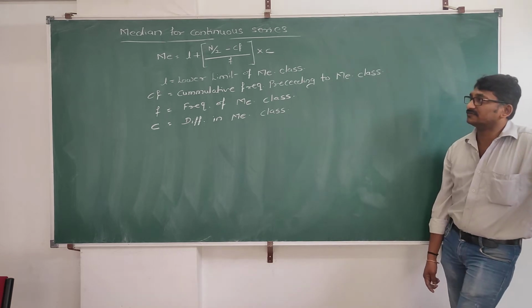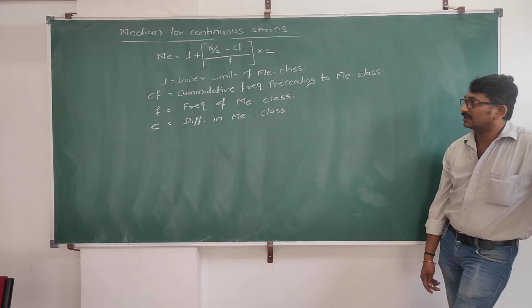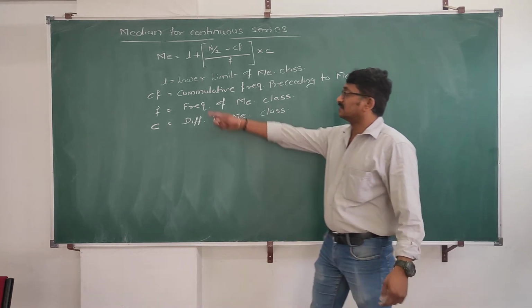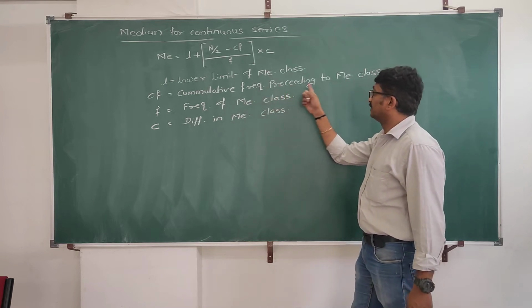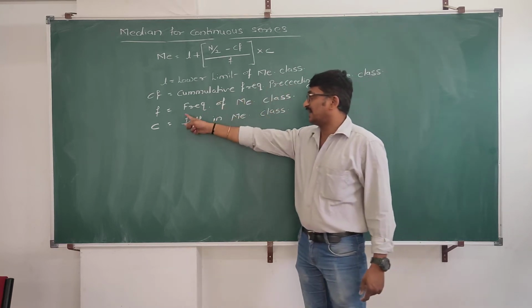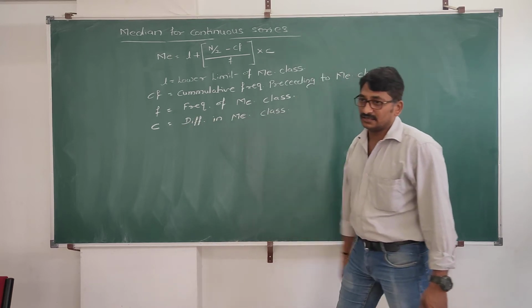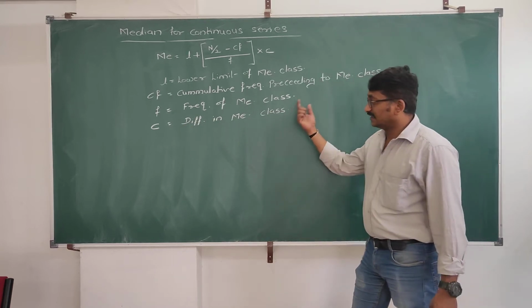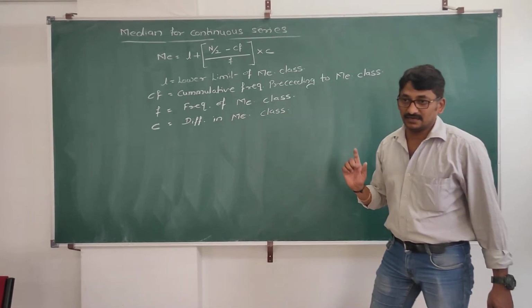These are the notations we have to use by calculating median. Here L means lower limit of median class, CF is cumulative frequency preceding to median class, F means frequency of median class, C means difference in median class. You have to consider the difference in which class? Median class only. You should not consider the other class.